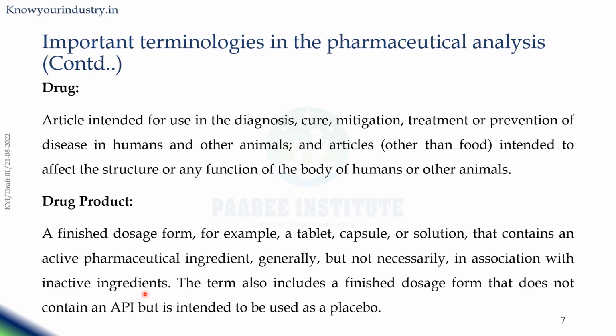So that particular finished product may or may not have these inactive ingredients. The term also includes a finished dosage form that does not contain an API but is intended to be used as a placebo. So a finished product which does not have the API is called a placebo.